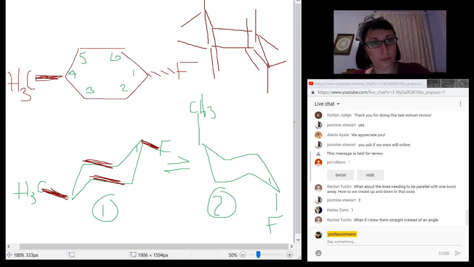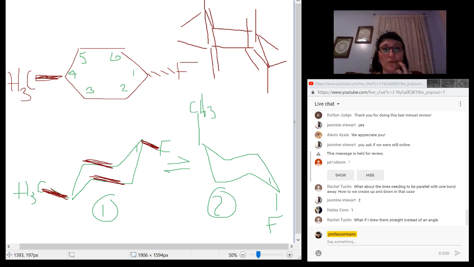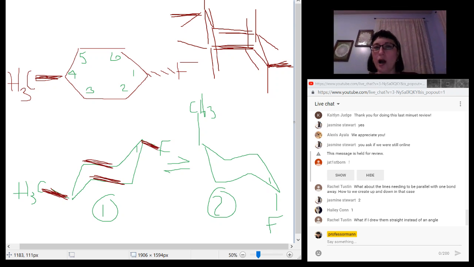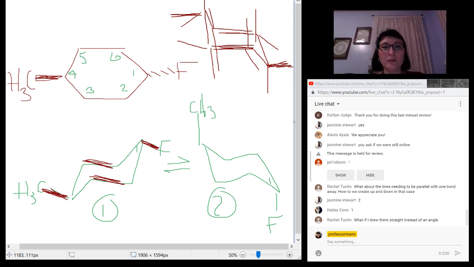Okay, so you might end up with some that are kind of straight looking like this one here, if you have it parallel with that one because you drew it that way. Just make sure that you know which ones are axial, then you can figure out if you're equatorial or technically pointing up or down. And I'm fine with that. I hope that makes sense.